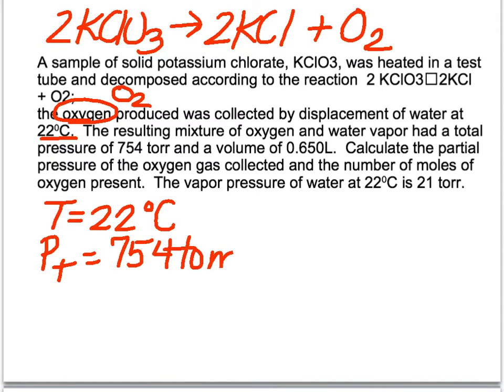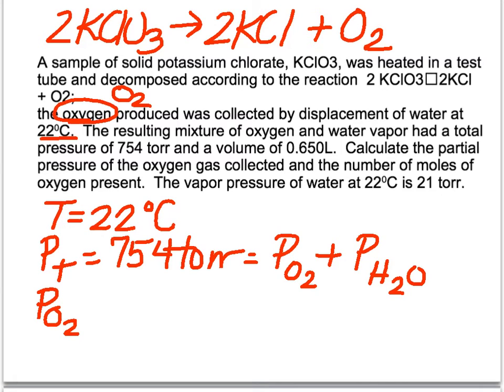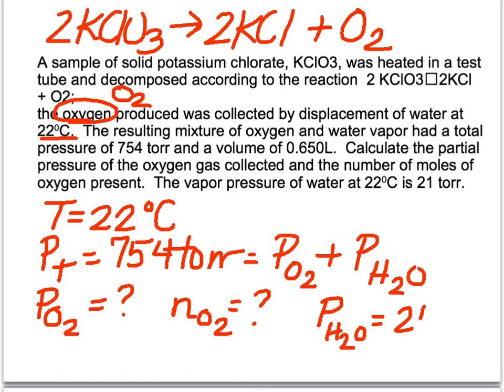It's good to make note that that's the pressure of the oxygen plus the pressure of the water. And we need to calculate the partial pressure of just the oxygen, and we need to know how many moles of oxygen we have present. It tells us that the pressure of the water vapor is equal to 21 torr.